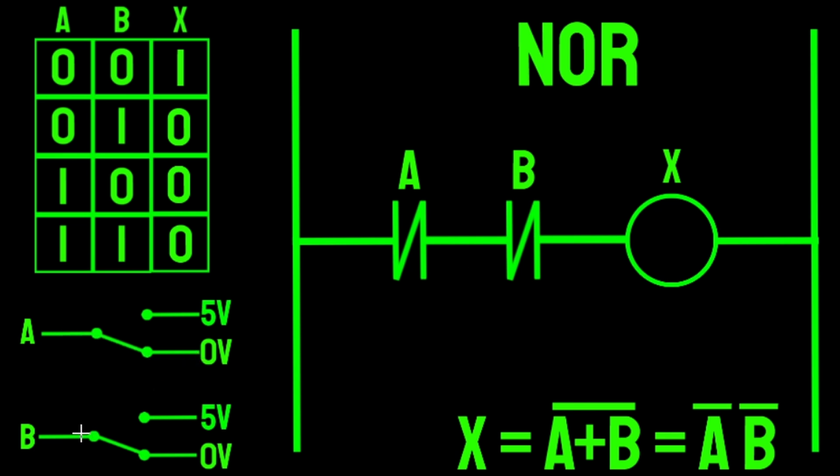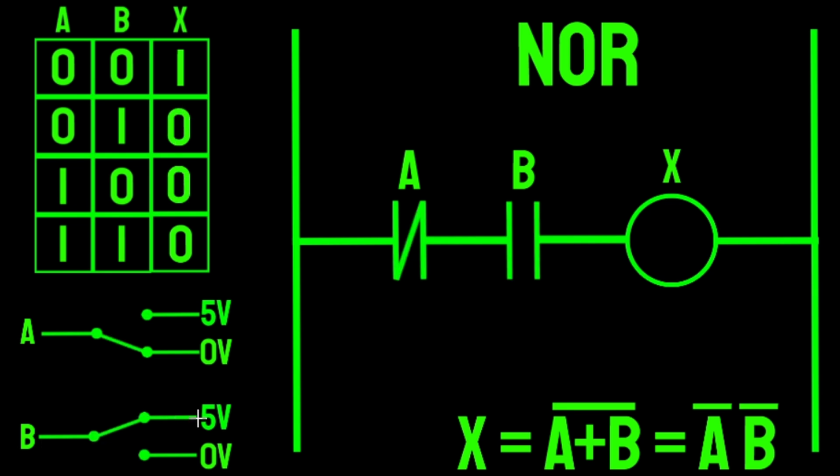So if both of our inputs are de-energized, that means both of our normally closed contacts will be closed because they're also de-energized. This way, our output will be on because we have a straight path. If we energize our A input, the normally closed A contact will open up. This will break the series circuit, and there's no path to turn the output on, so it will be 0.